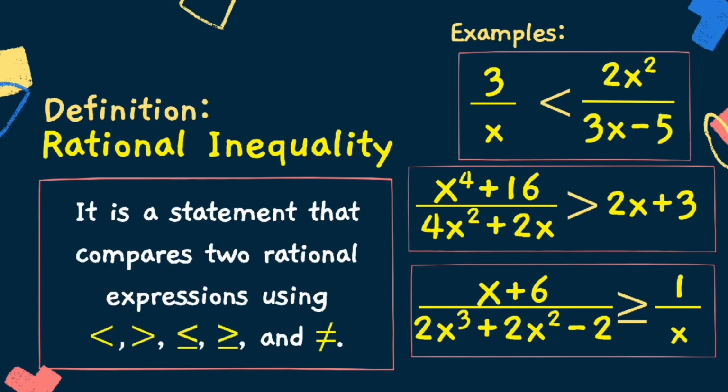Because a rational inequality is a statement that compares two rational expressions using the inequality symbols, such as those symbols that you see here. So these are the inequality symbols.